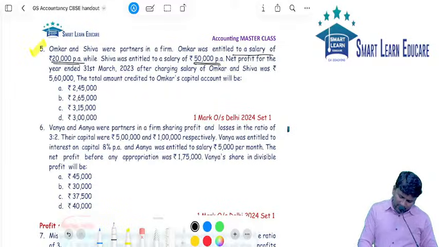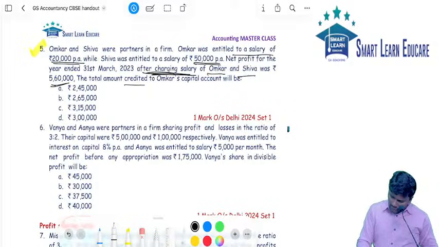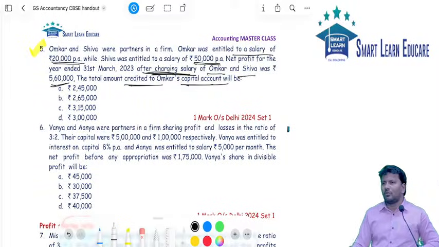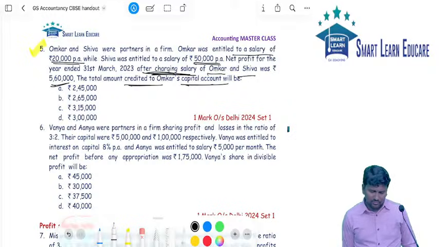Net profit after charging salary of Omkar and Shiva is 5,60,000. What is the total amount credited to Omkar capital? Please try this question.